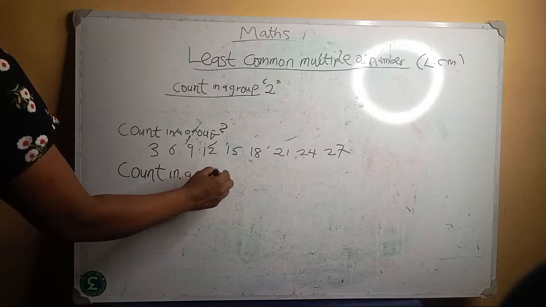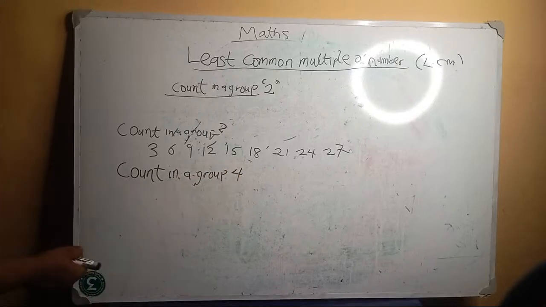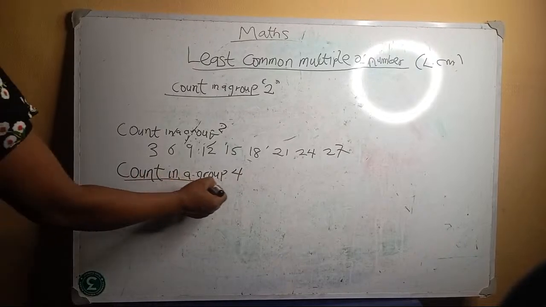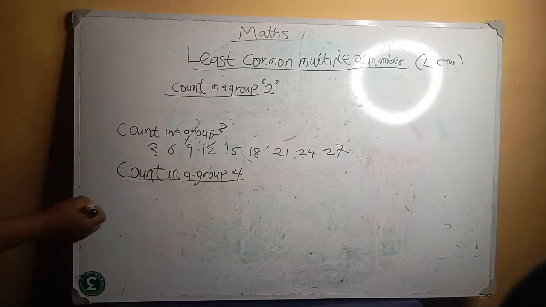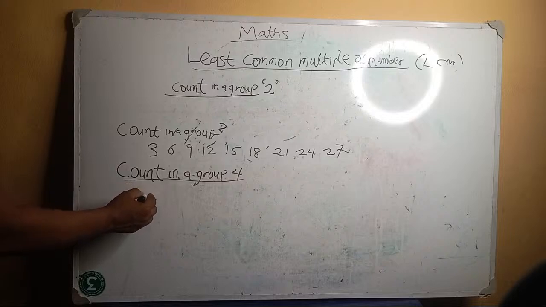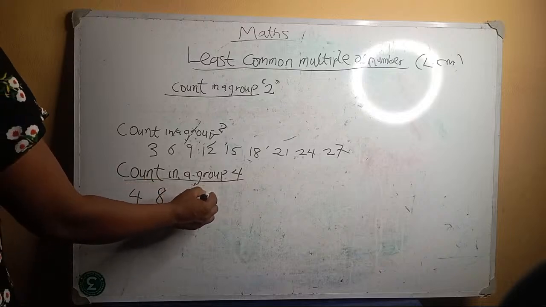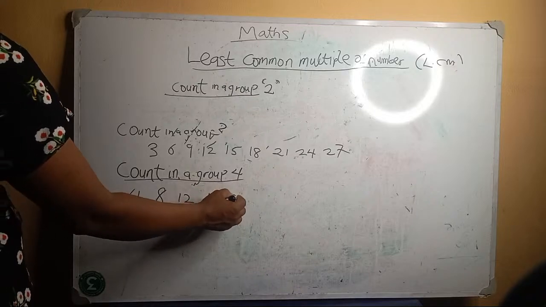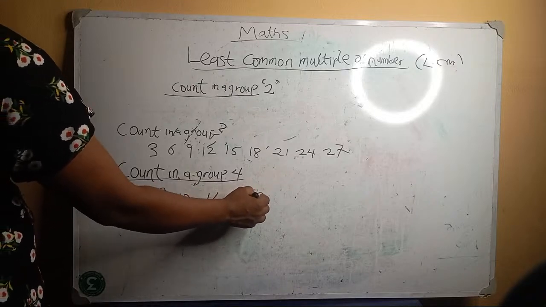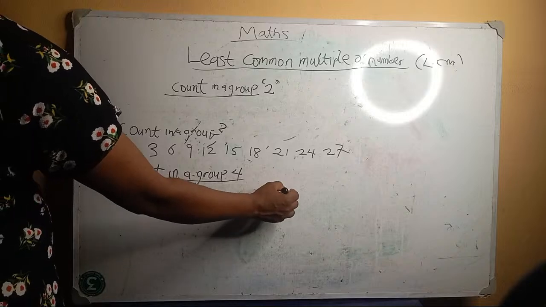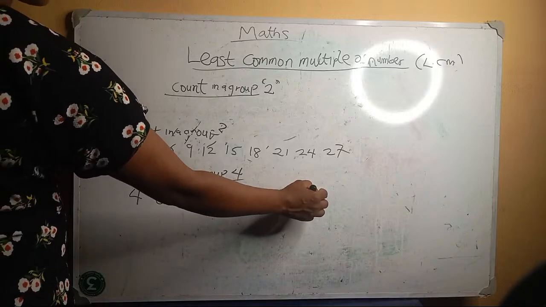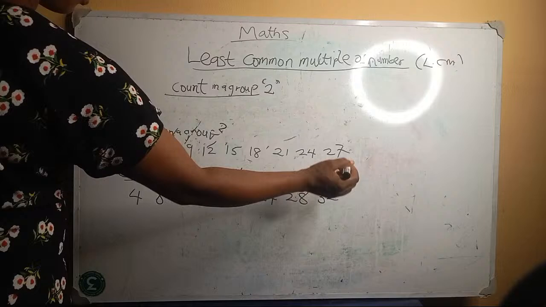Count in a group of 4. We talked about 4, 8, 12, 16, 20, 24, 28, 32.